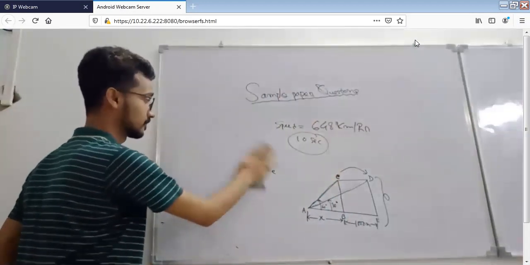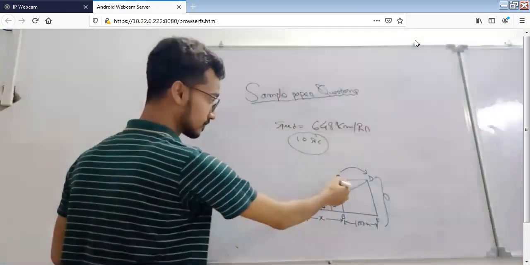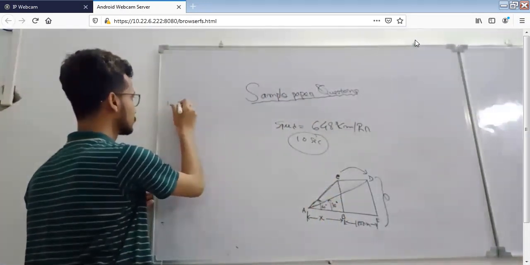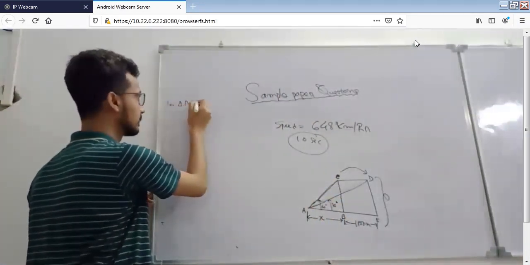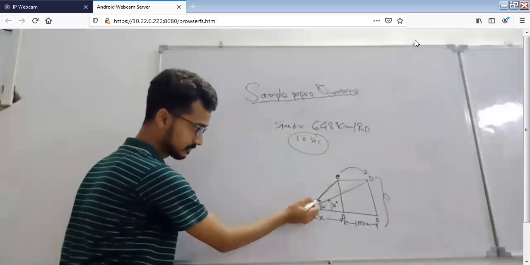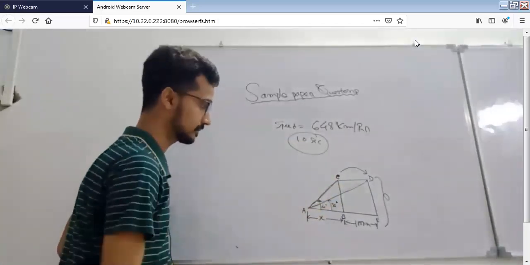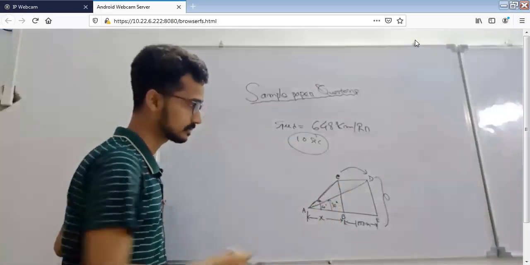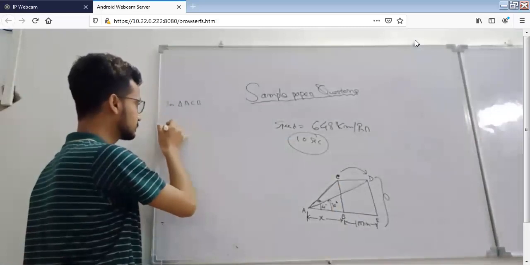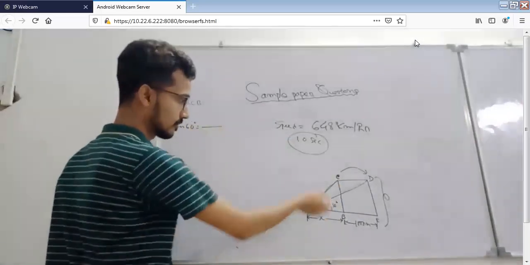Now see. Now, if you take the smaller triangle, it means in triangle ACB, now see, this is the angle 60 degree. This is the angle 60 degree. Now for this triangle, BC is your perpendicular, AB is your base. Yes or no? For this triangle, BC is perpendicular and AB is base. So that means tan 60 degree will be your perpendicular by base.